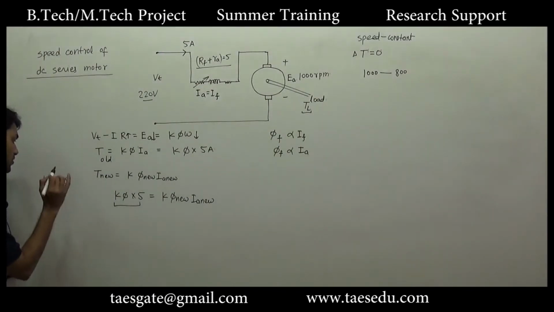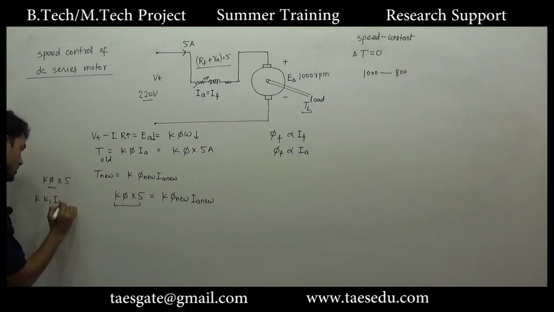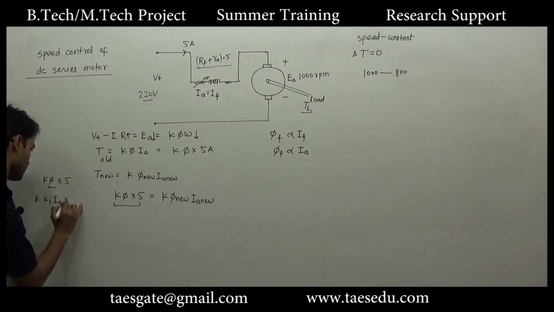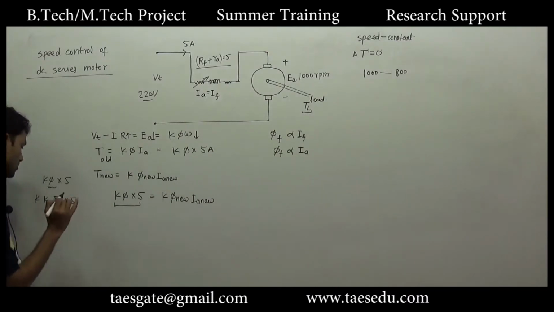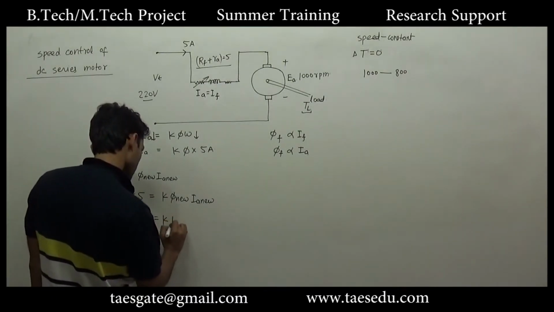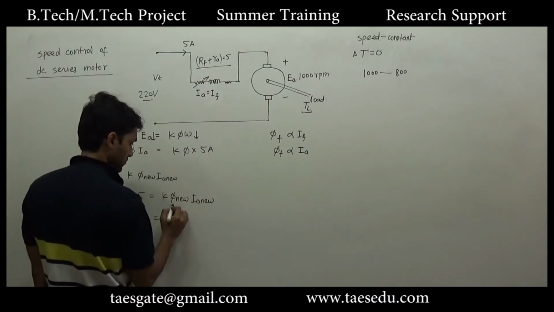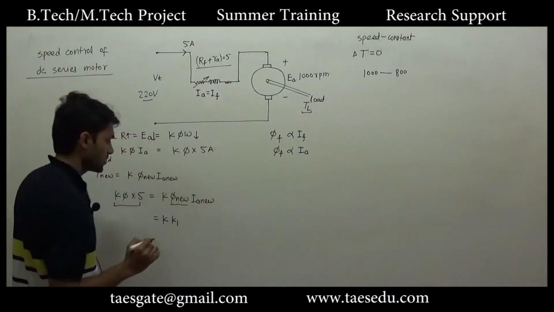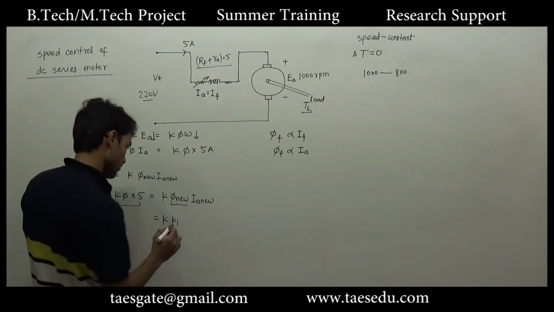Phi is directly proportional to armature current, so this can be written as k into another constant k1 into IA, the previous value of armature current, into 5. What is the previous value of armature current? Here we will write k into k1, the new value of flux will be directly proportional to the new value of armature current.